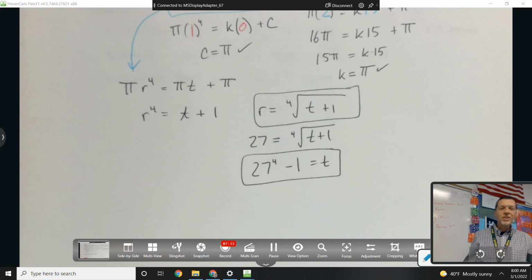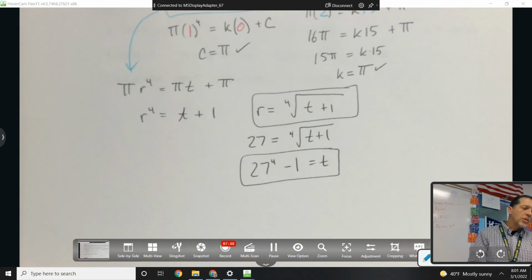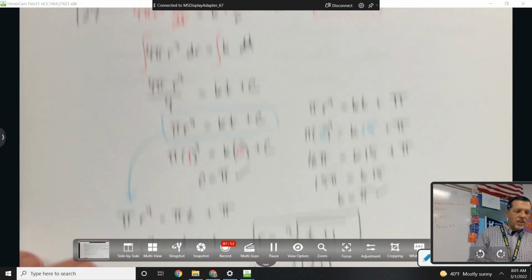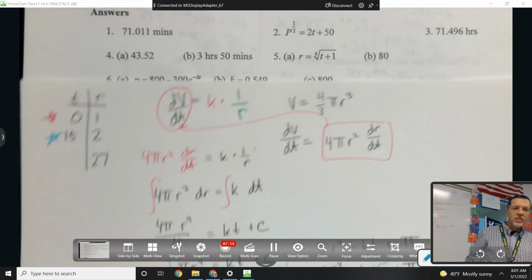I don't know what 27 to the fourth is, but it's really big. So I'll leave it at that. So that one was tricky at the beginning because there were extra variables in there, and so you needed an extra equation to handle the v's and the r's.